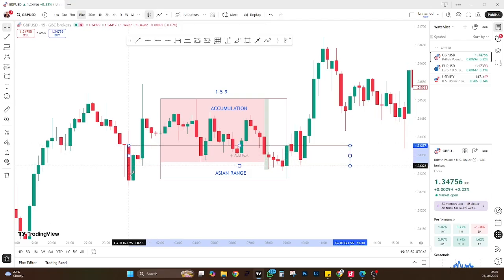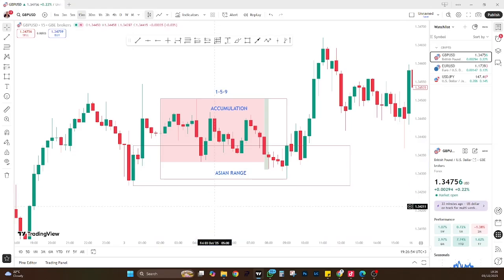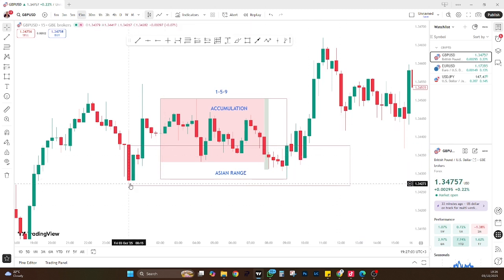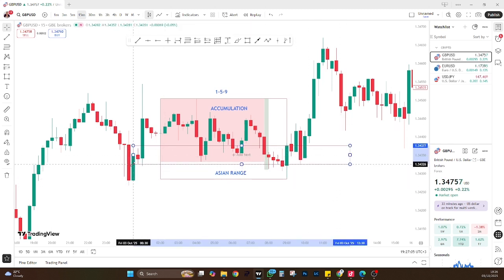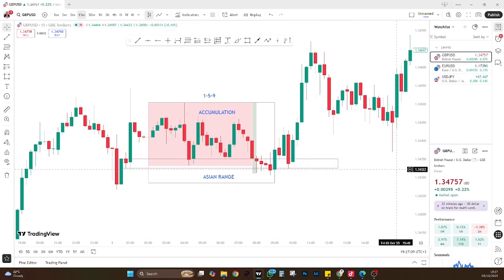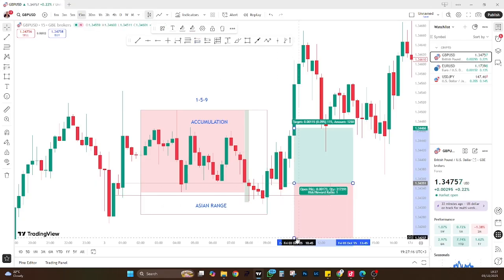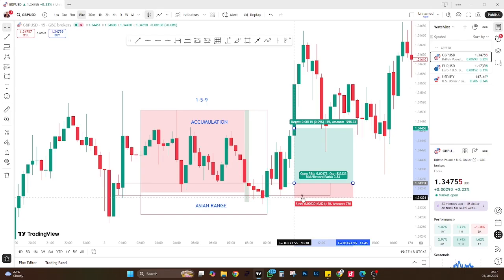You could have used this one, which is even better, but because of the pips, you will be risking many pips if you take this one. So this one was the best. You wait for the retest and then you use that one. That is why you see that my trades have a very small stop loss. That is a 3 pip stop loss, and then I target that high.